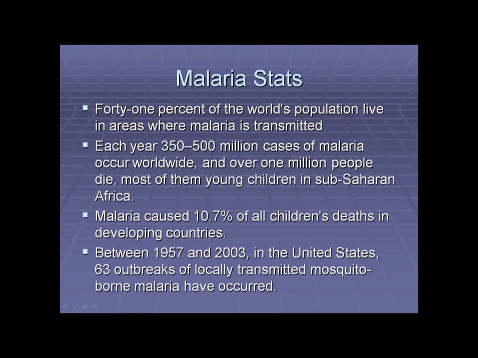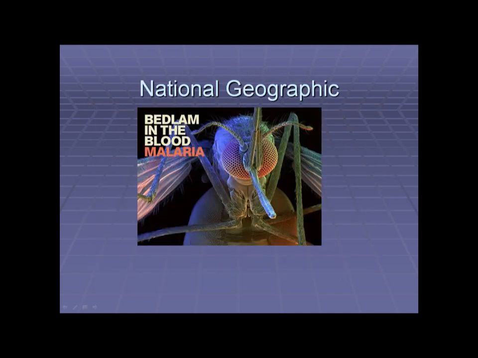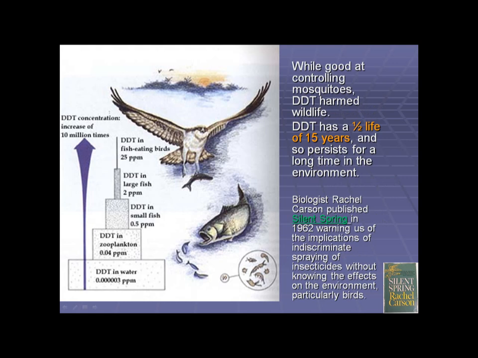Malaria causes 10.7% of all children's disease in developing countries. Between 1957 and 2003, in the United States, 63 outbreaks of locally transmitted mosquito-borne malaria occurred.